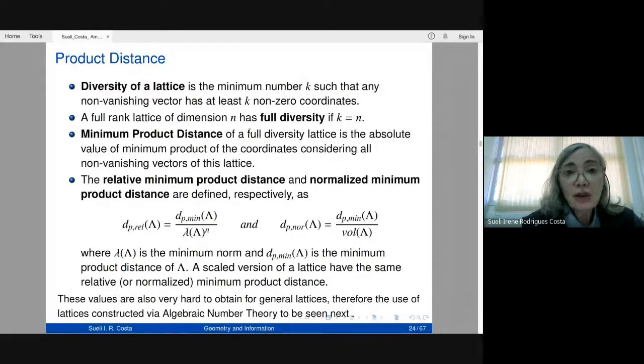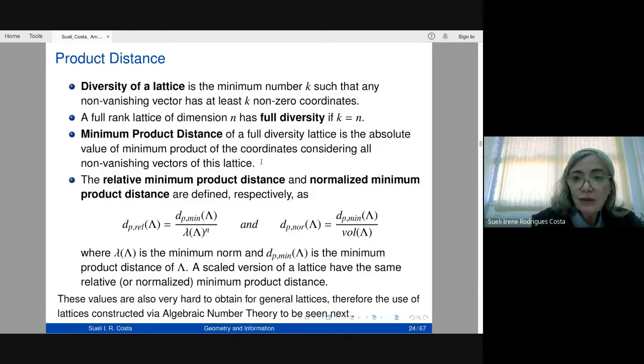So this is a number which is also used, which means the product of all the coordinates of a lattice point. Of course, since 0, 0, 0 is always a point of a lattice, we need different coordinates to have good diversity, and the product distance will be the minimum of this product, right?